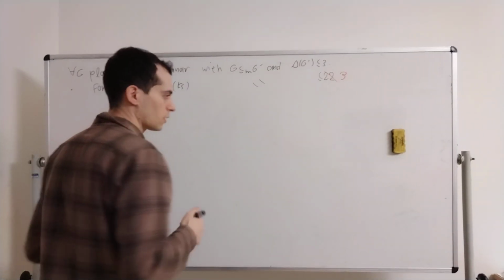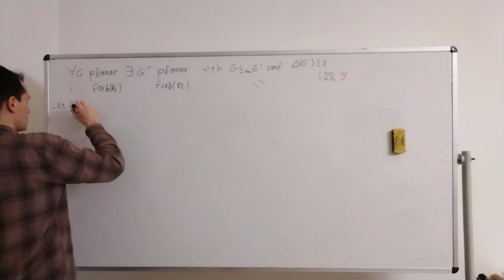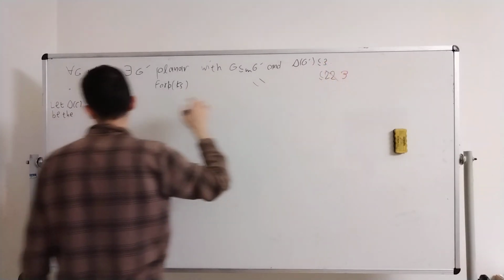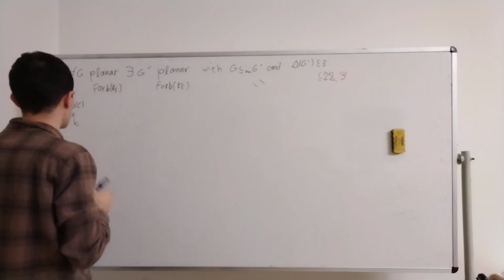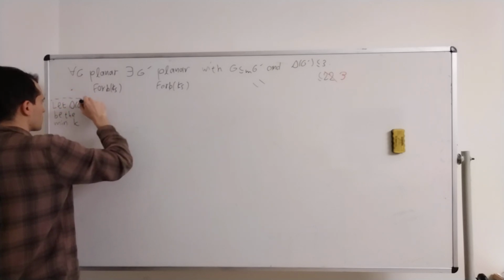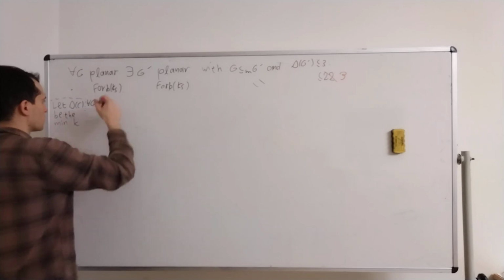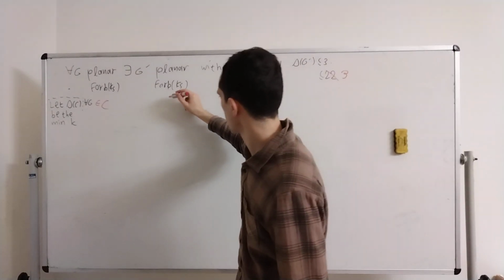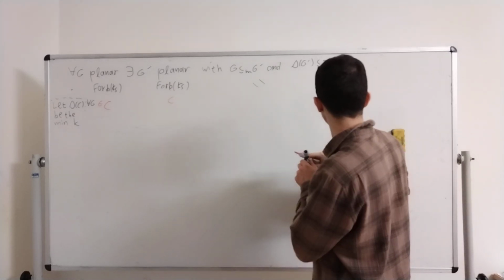So let delta of C be the minimum integer k such that for every G in C, there is another G prime in C with maximum degree at most k, where G is a minor of G prime.